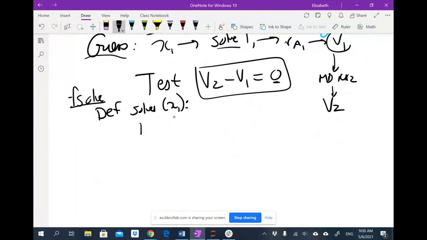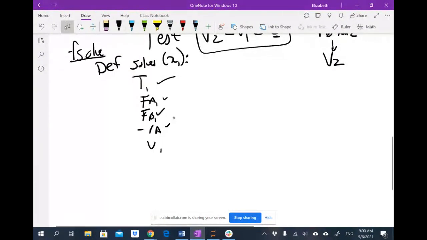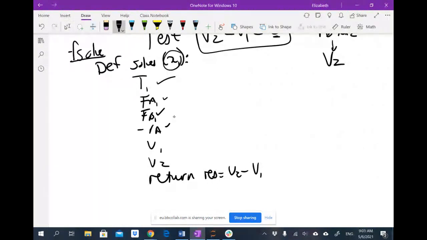So for my guessed x1, I can calculate temperature 1, I can calculate FA1 or FB1, I can calculate rate 1, I can then calculate volume 1, and I can calculate volume 2. And I only return my residual function, res equal to volume 2 minus volume 1. And this is the variable that you therefore guess in order to solve for these two volumes.